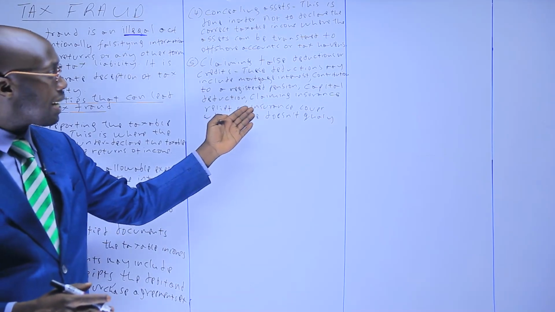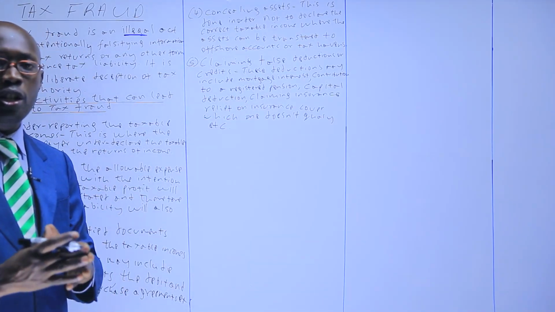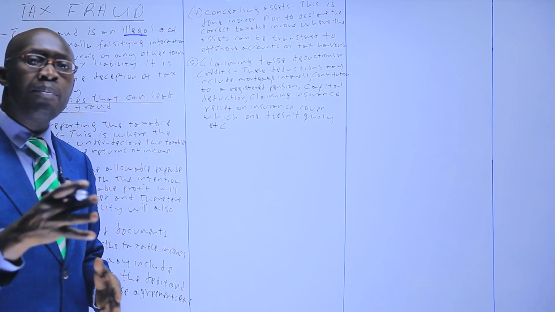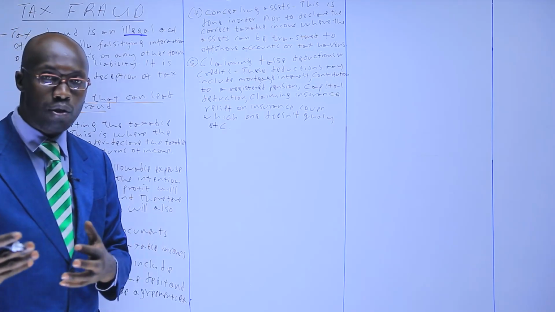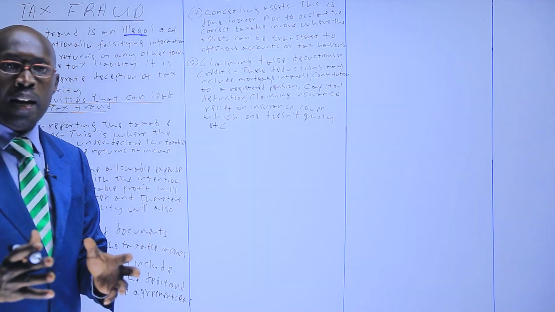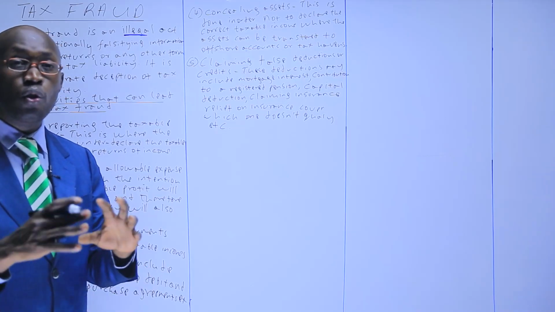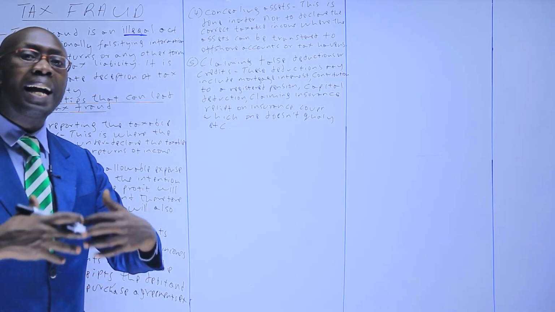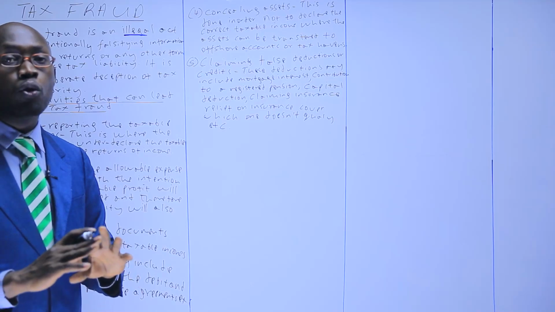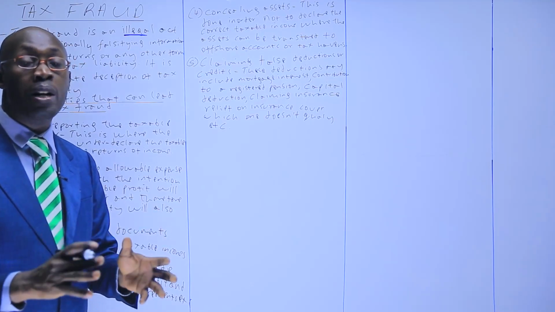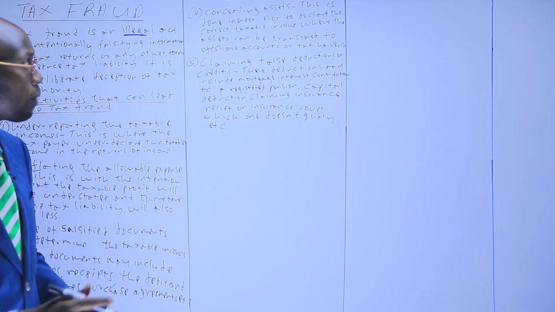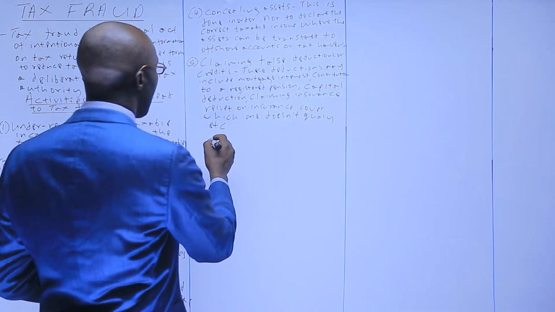We also learned that if you have a life insurance cover or education insurance cover, you can claim insurance relief to reduce the tax that you're supposed to pay. So you know very well that you don't have them or you don't qualify for the same, but you go ahead and claim them. That is supposed to be a tax fraud because you end up paying less tax but illegally.